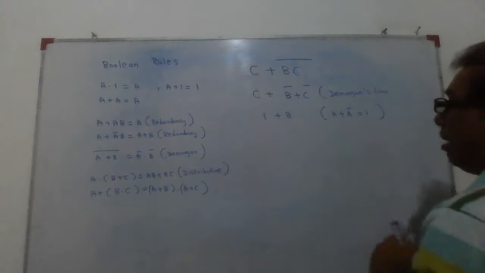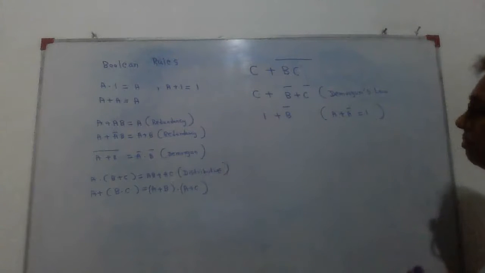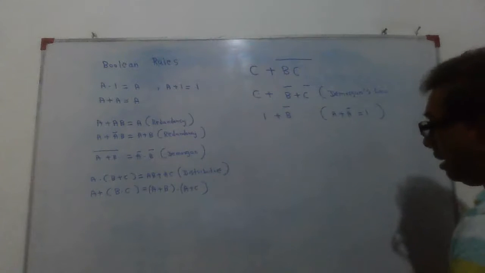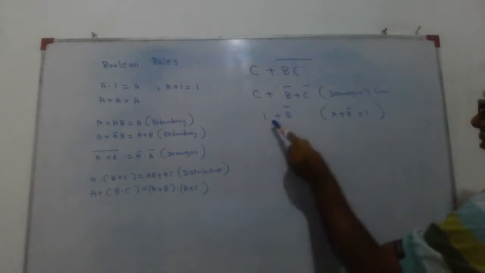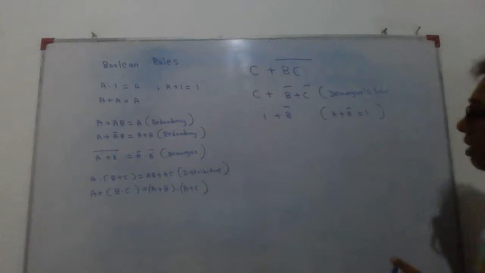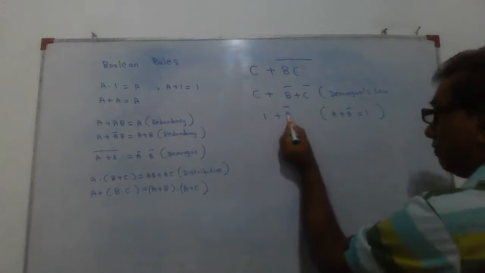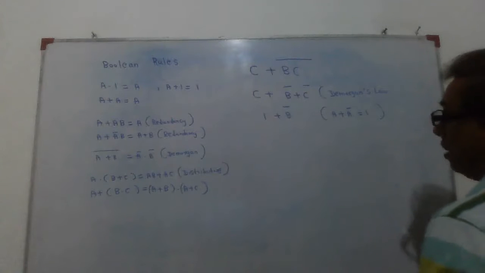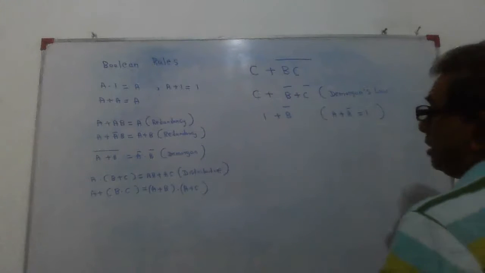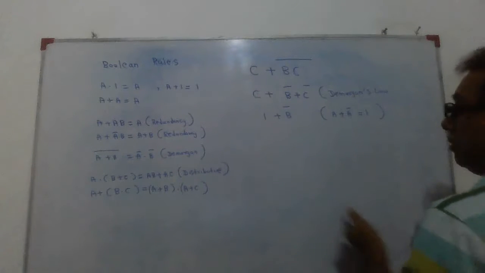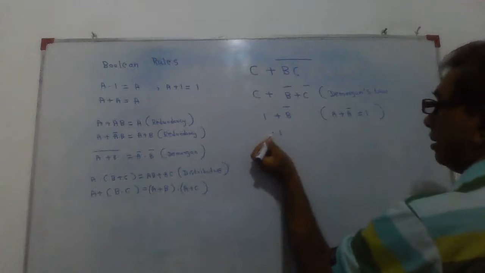So then 1 or B bar. 1 or B bar means we can again apply the same rule. We have 1 here and B bar. So 1 or B bar means if B is 0, B bar is 1, so 1 or 1 means 1. If B is 1, B bar is 0, so 1 or 0 means 1. So it will reduce to 1 again.